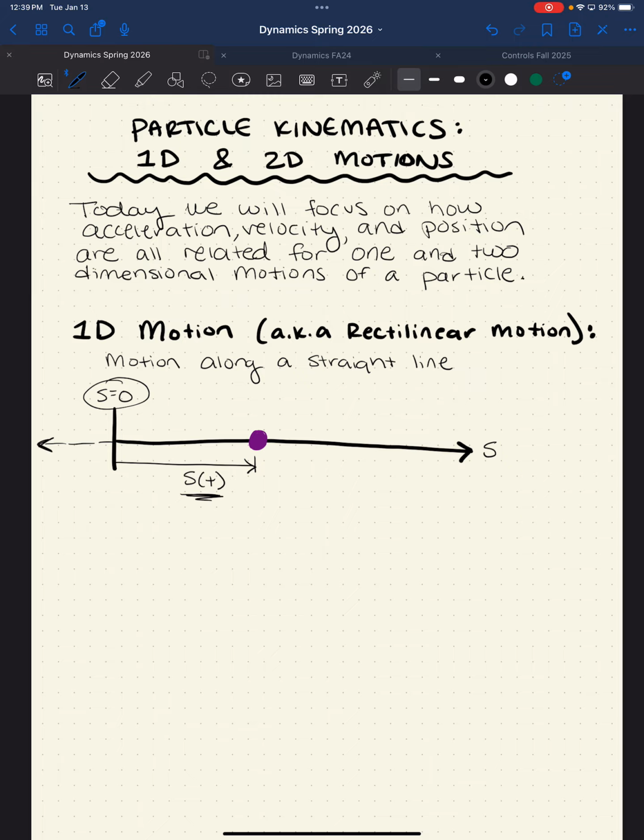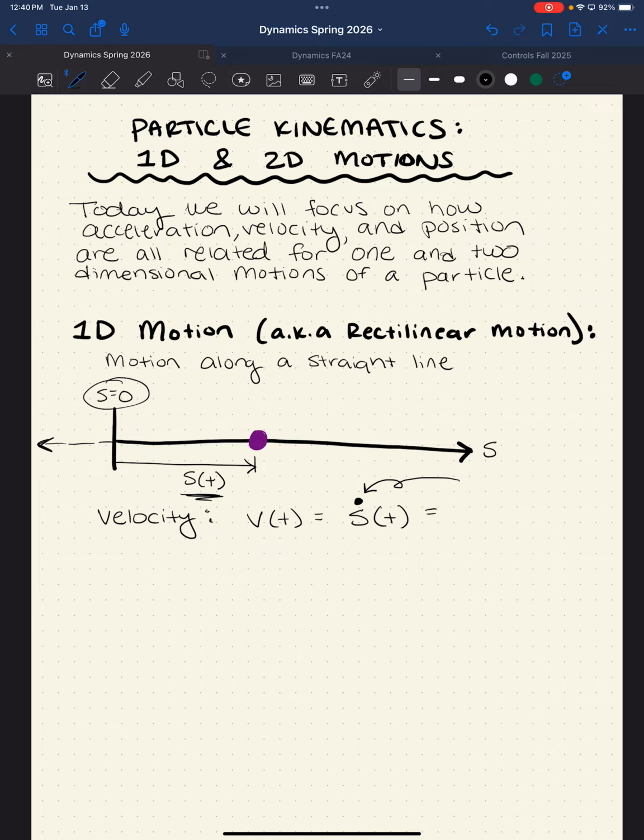All right, then we can define velocity and acceleration. Velocity is then v of t equal to the time derivative of position. So we will continue to use this notation in this class where a dot over top of a quantity specifically indicates the time derivative, not any other derivative.